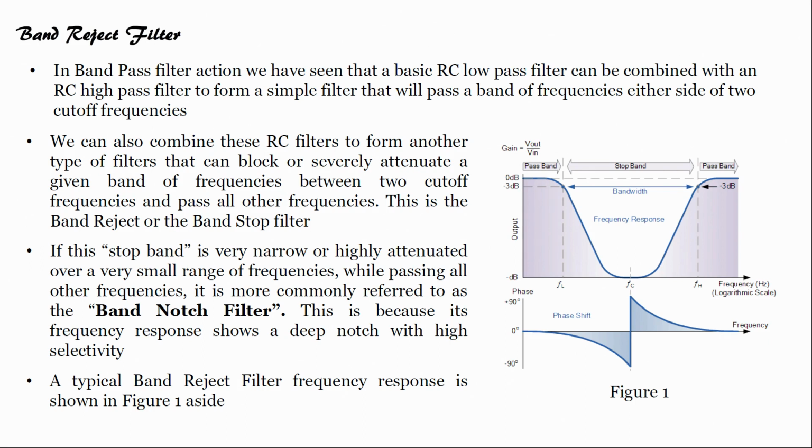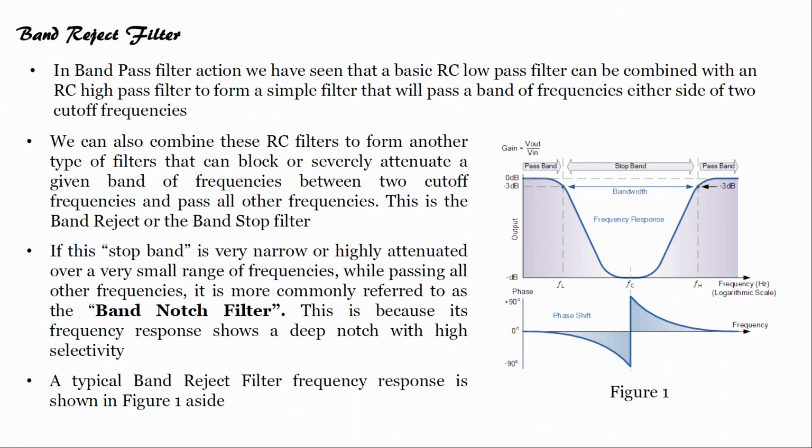So, either a single frequency or a band of frequencies is attenuated. If it is just a very small range of frequencies while it passes all the other frequencies, then it is called a notch filter, right.